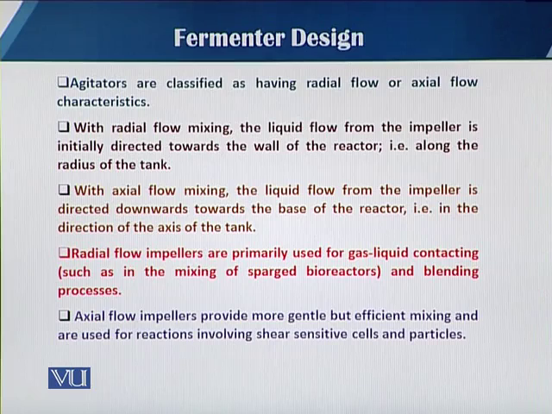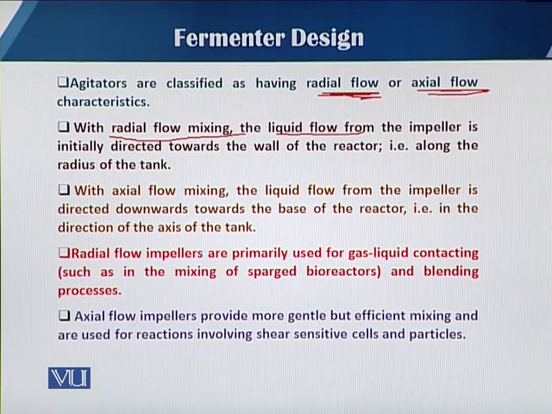So agitators, on the basis of their impellers or their working, are classified into two main categories. One is the radial flow category and the other is the axial flow category. As far as radial flow mixing is concerned, the liquid flow from the impeller is initially directed toward the wall of the reactor.